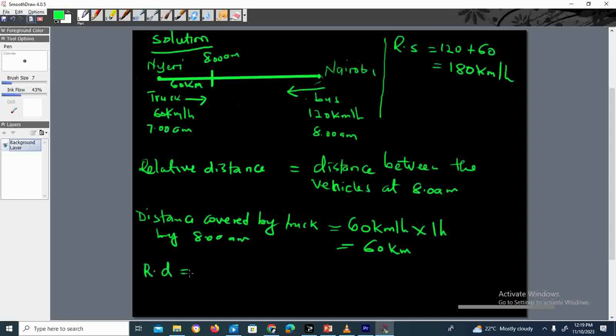Relative distance is going to be 160, the total distance, minus the distance that is already covered by the truck, and this is going to give us 100 kilometers. So the relative distance, which is the distance between these two vehicles at 8 a.m., will now be 100 kilometers.